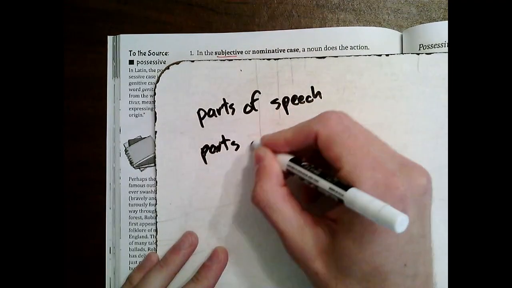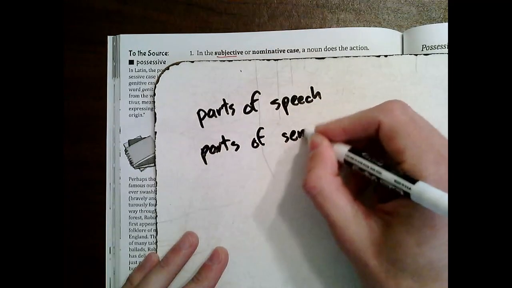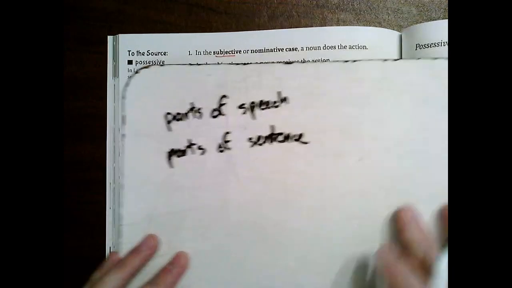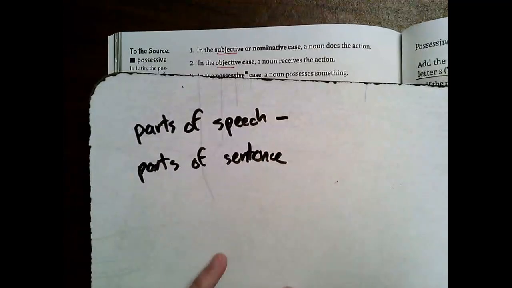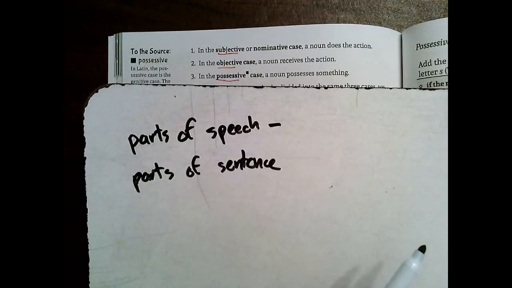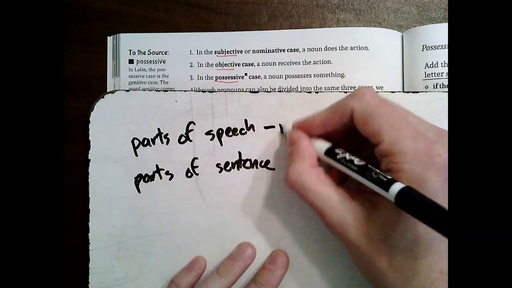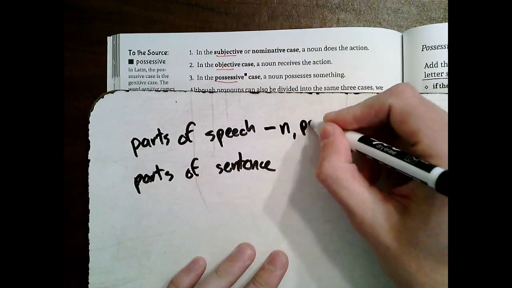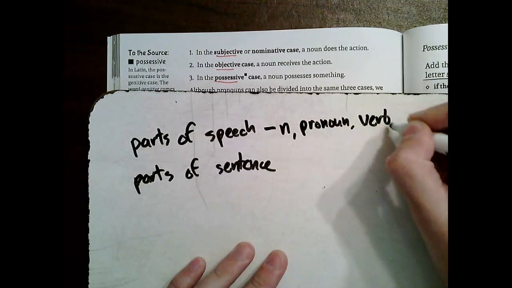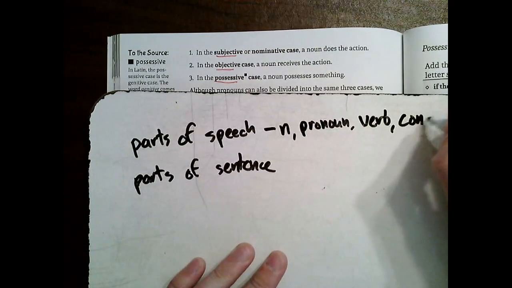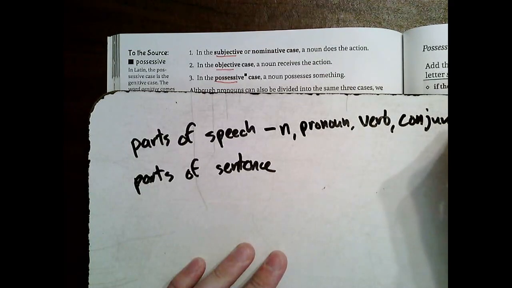And these are similar but different. Parts of speech, what that means is, is it a noun? Is it a verb? Is it an adjective? Is it an adverb? Is it a pronoun? Is it a conjunction? Many different ways to identify something.